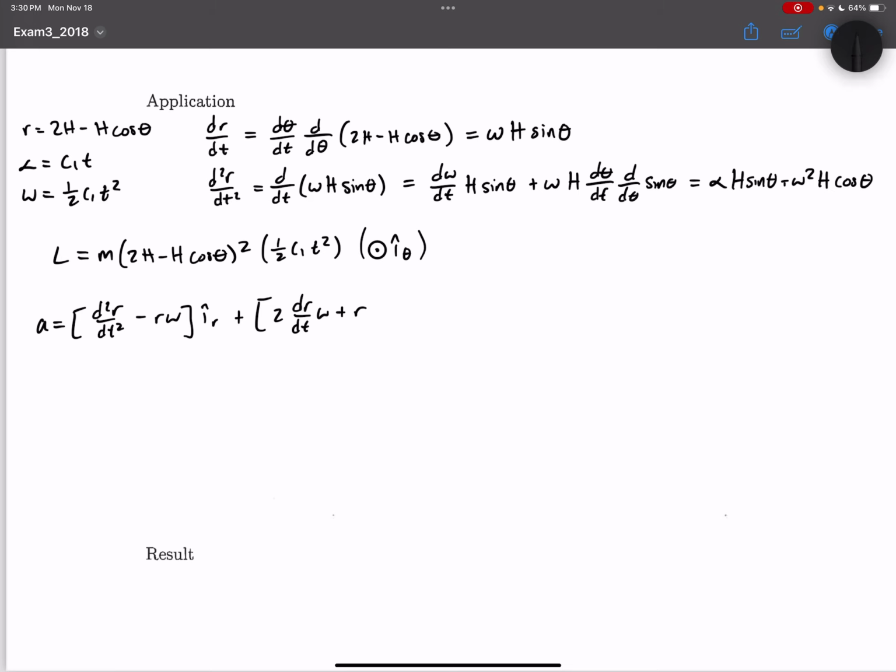My bad. Plus R alpha. R omega squared. Jeez.